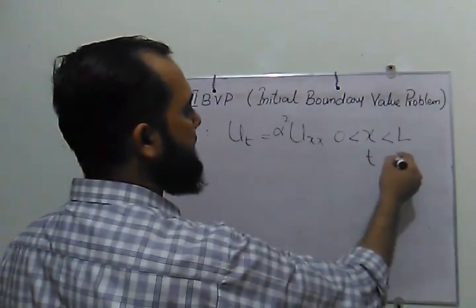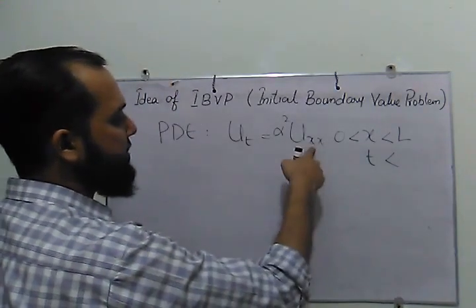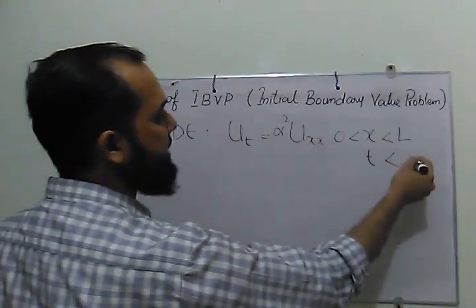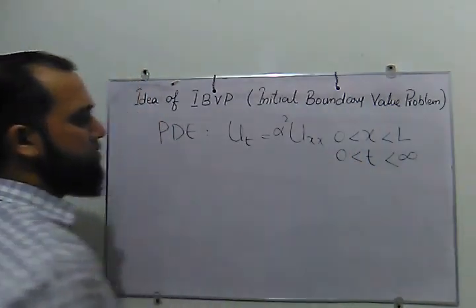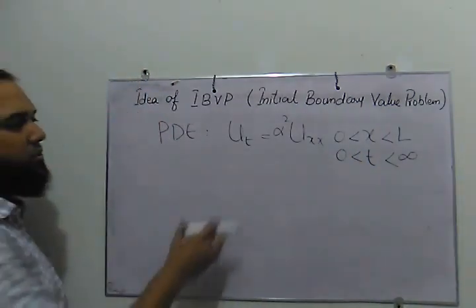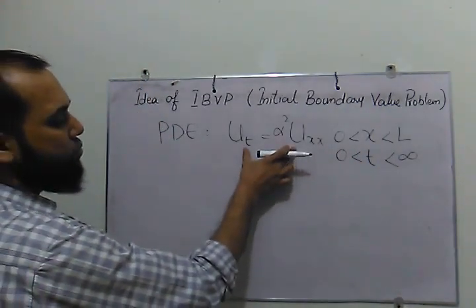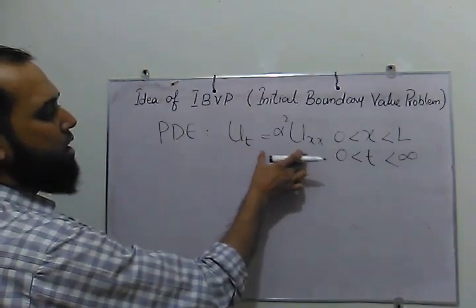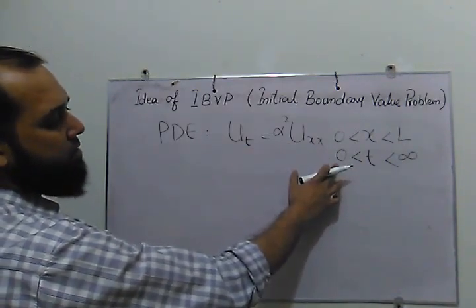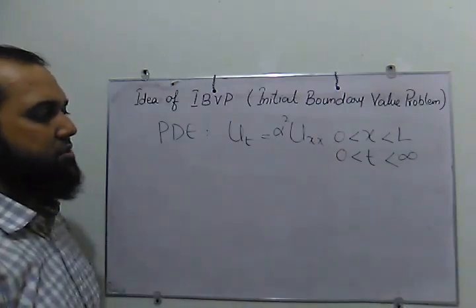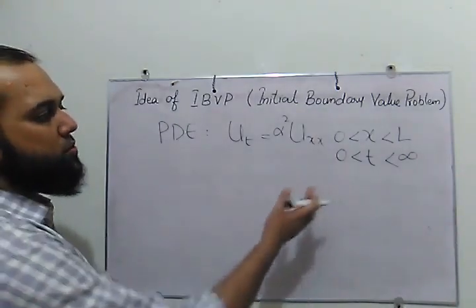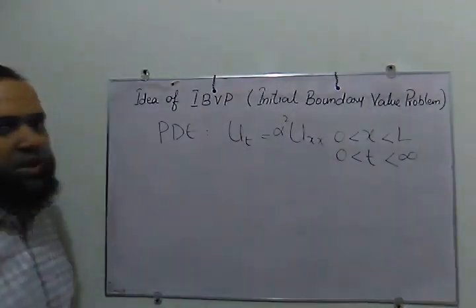And because we have two parameters here, we have to define X, we have to define T. T is less than infinity and greater than 0. So the partial differential equation will show the solutions after you start the experiment and before it reaches the steady state. If t is equal to infinity, it will be the steady state solution.